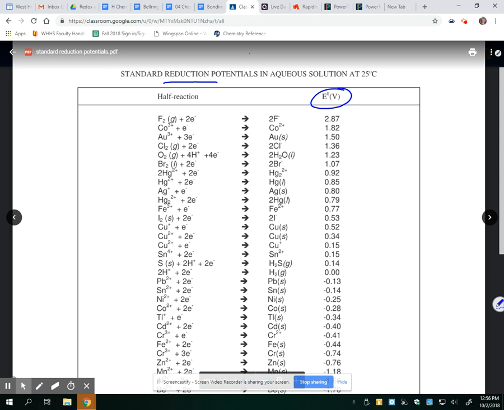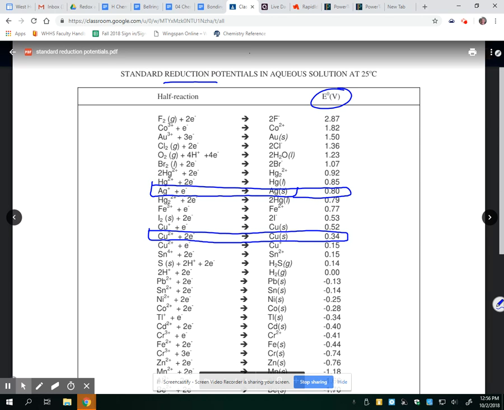Now, in our particular reaction, we're looking at copper going from copper 2 plus to copper. We also have one with silver ions and silver metal. Now, one of these is written in reverse, and that would be the oxidation one, and that can really help you remember what's going on here.